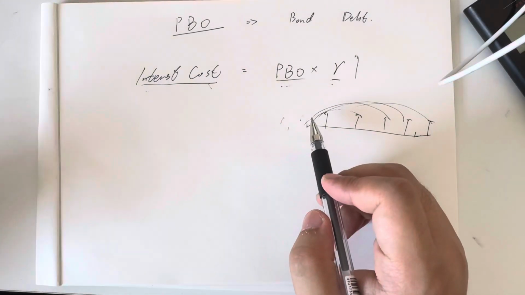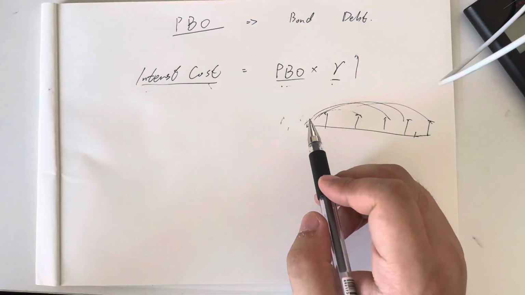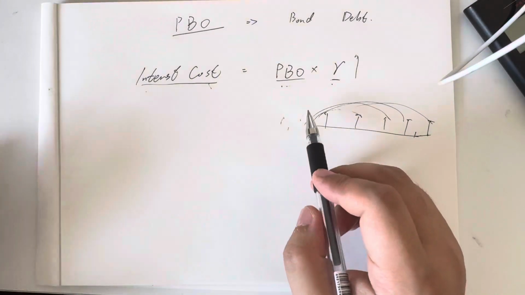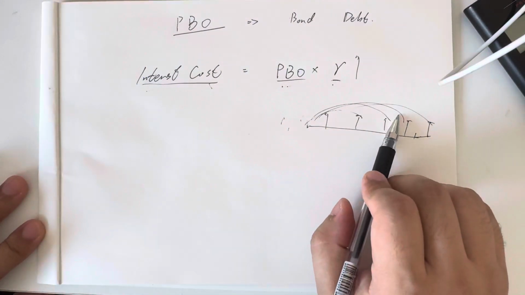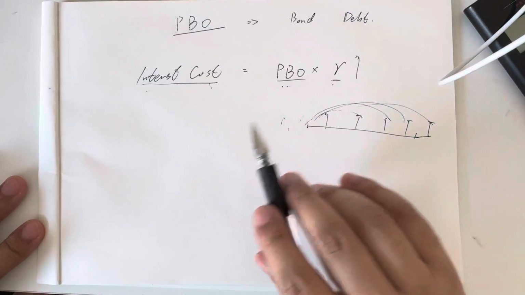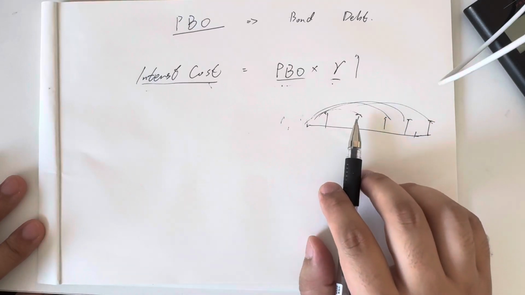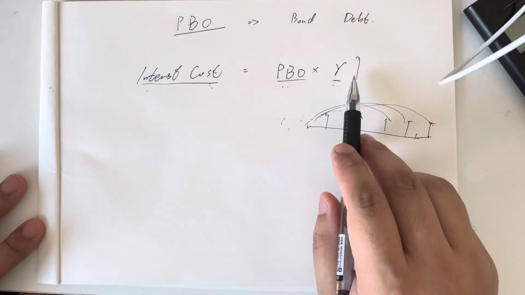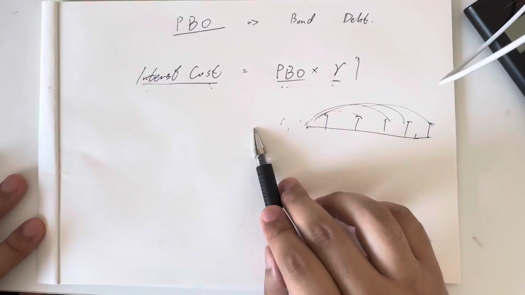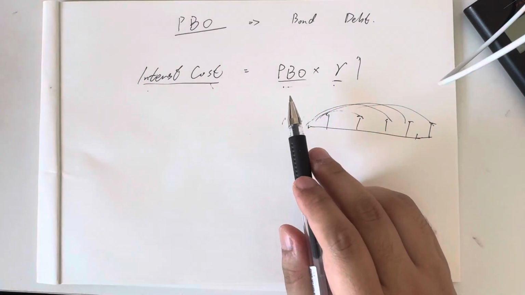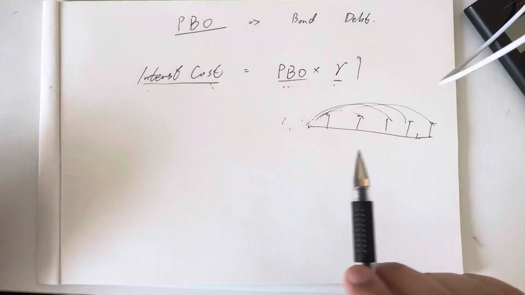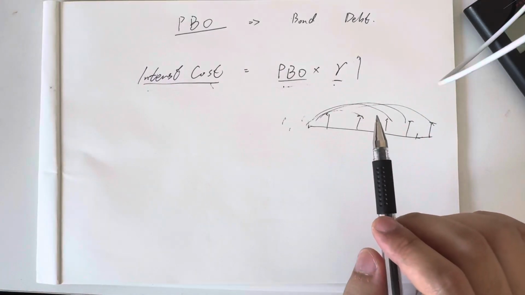Basically, it's an actuarial measurement of what the company needs to cover the future pension liabilities, and you discount that back to now. So if the interest rate goes up, the PBO will go down, because you discount it using a higher rate.